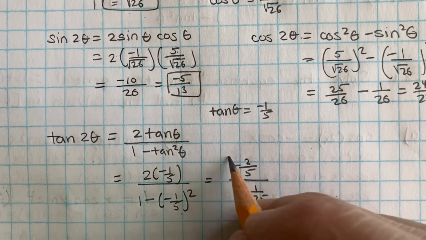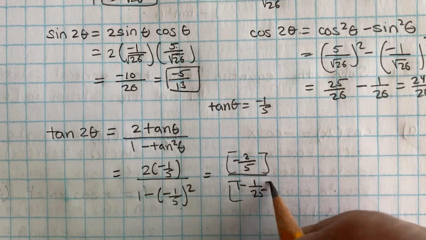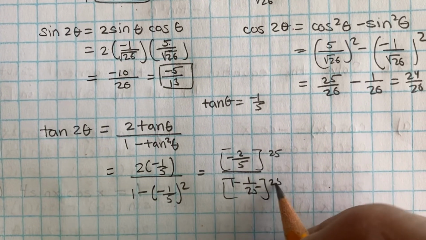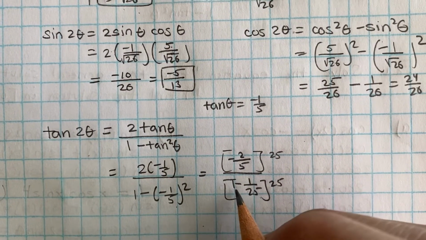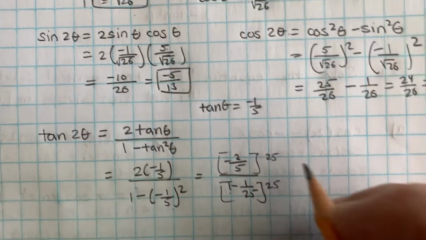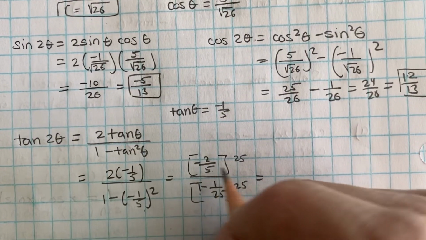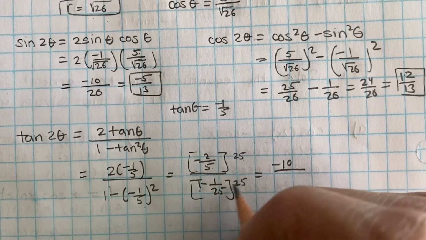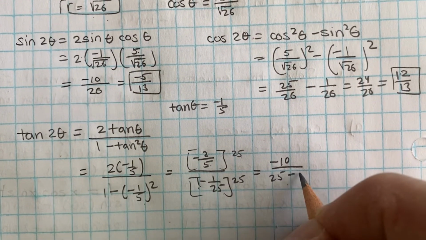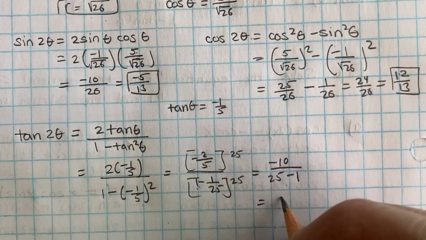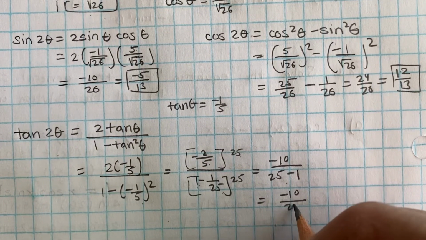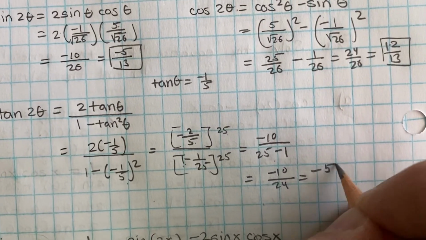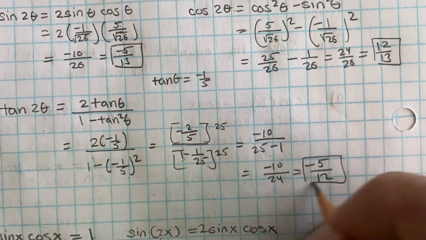What I would do is multiply top and bottom by 25, the LCD of this denominator and this denominator. So 5 goes in 25 5 times. You're going to get -10 over 25 times 1 is 25, minus 1. And your fractions are a little bit less intimidating now. You're going to get -5 over 12 when you reduce.